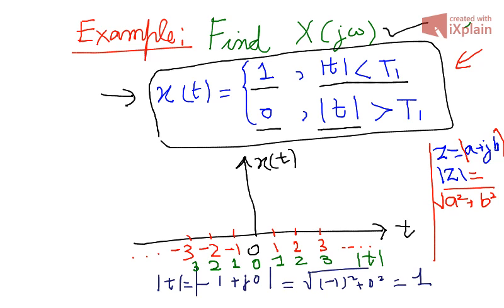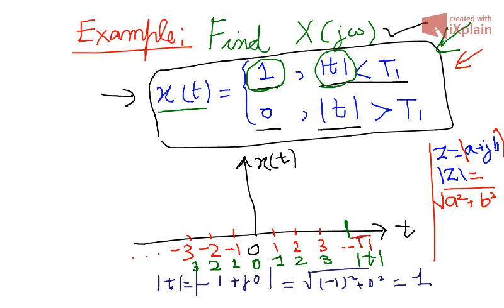Now come to this mathematical description. Now it would be easier. It says that x of t is equal to unity when the absolute value of t is less than t1. T1 is some positive number, and we can take any t1. Suppose this is a point t1 somewhere on the positive axis.